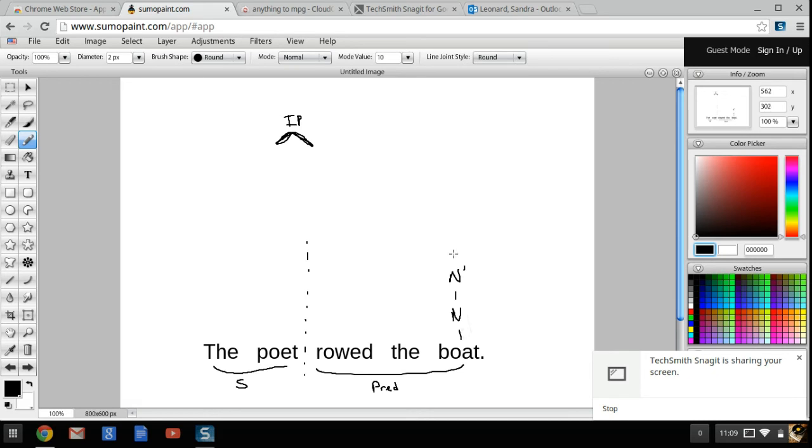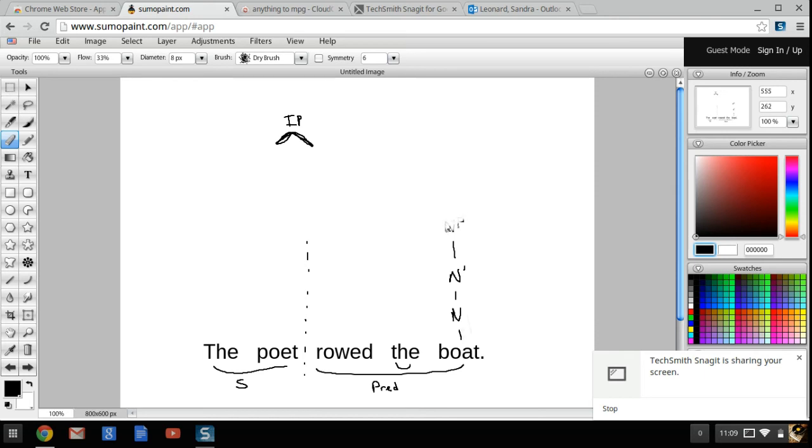And I need to find my noun phrase. Now, if this were just boat on its own, the poet rowed boat, then I would go up here and say that's my noun phrase. But I've got this, what is it called? Determiner here, or you could call it an article. I'm going to say it's a determiner. Let's see if I can erase this noun phrase then.